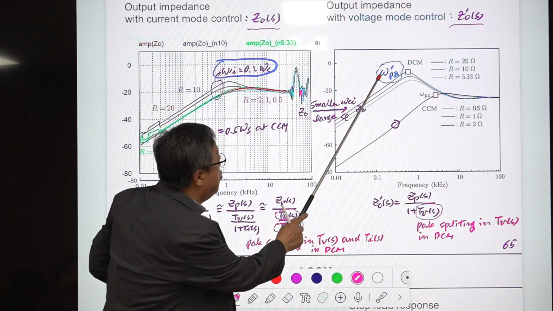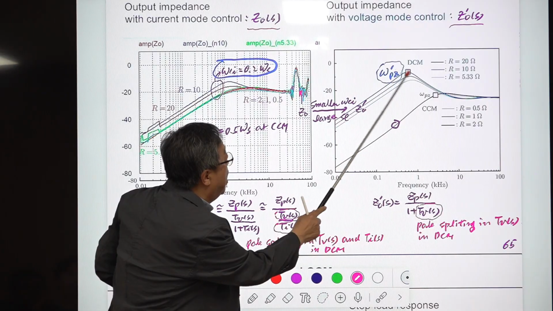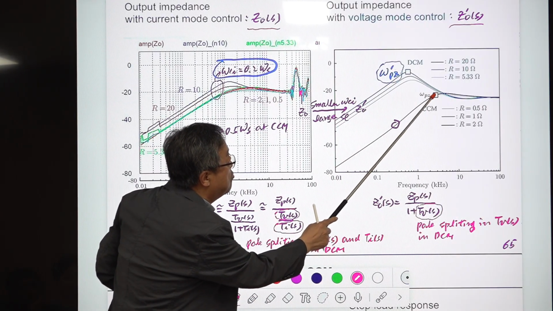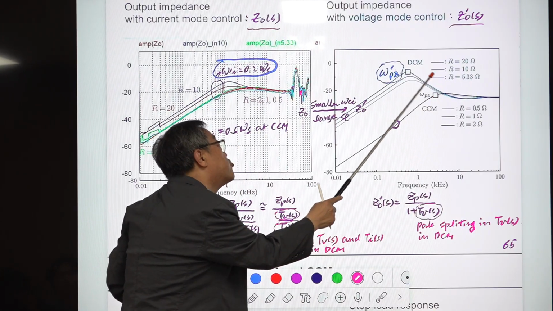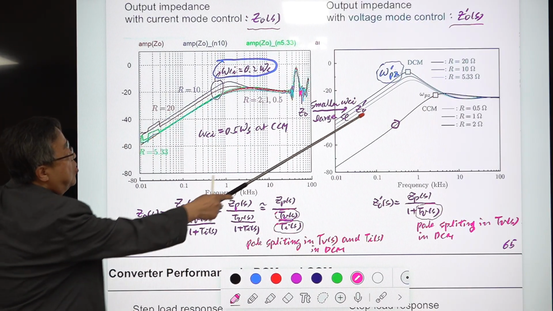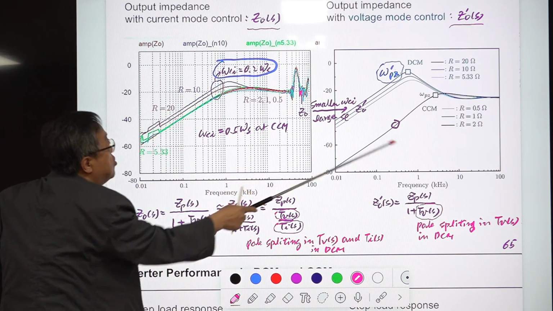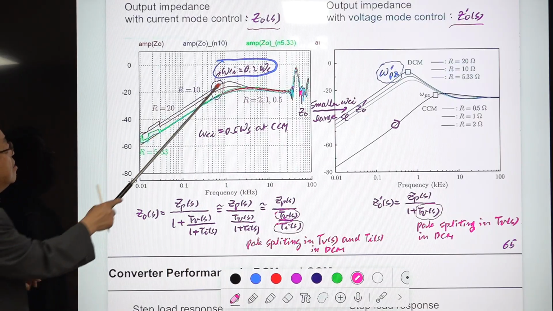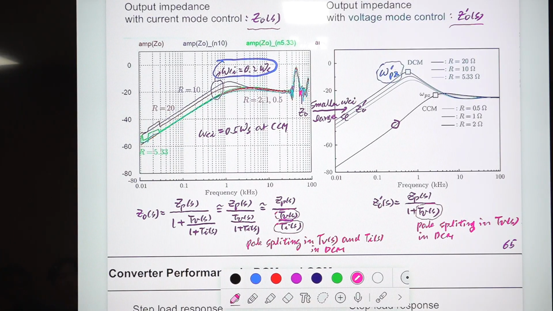And there is one omega G prime at lower frequency, omega PG prime. Originally, omega PG was here by design, but it jumped to here. Okay, and this one looks better. The only reason for this is because we select this number. If you select omega CI as 0.5 omega S, what you will have is the output impedance will be very similar to that, something like this.